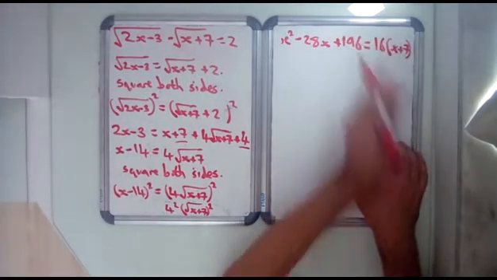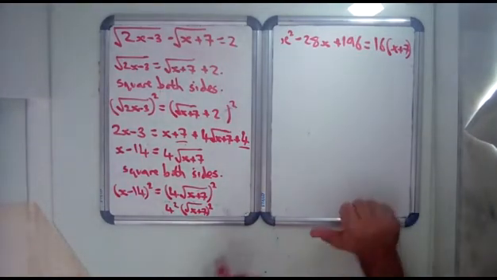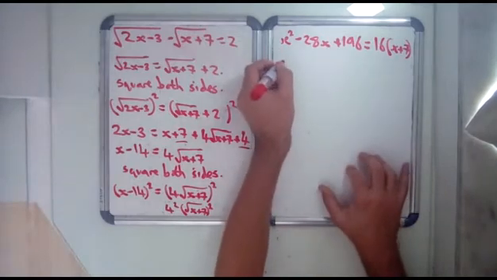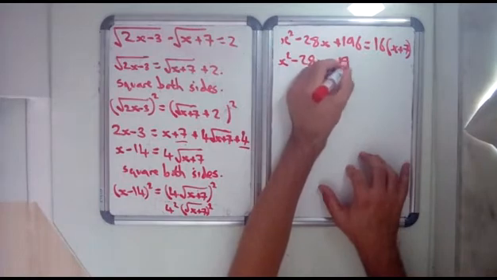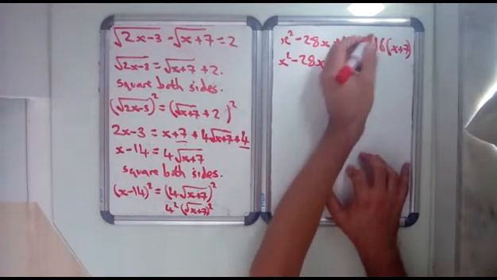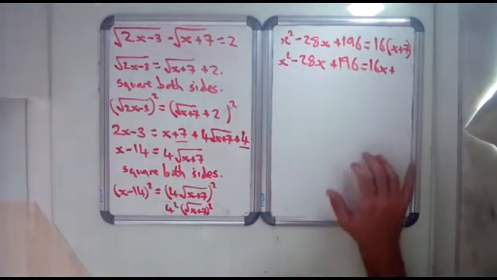Then you're going to have to do a little bit of donkey work on that. So I would leave the left hand side: x squared minus 28x plus 196 equals 16x plus 16 times 7.